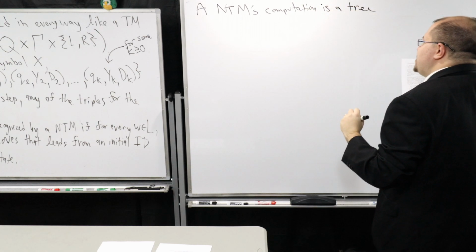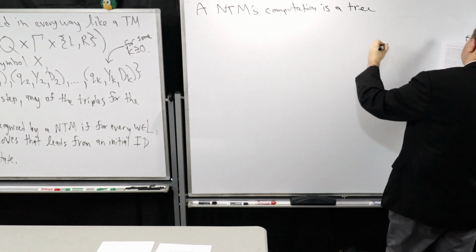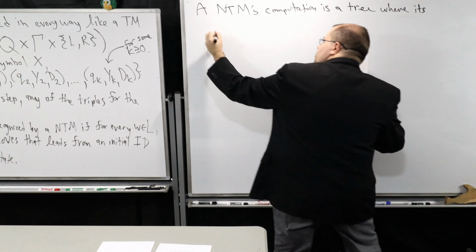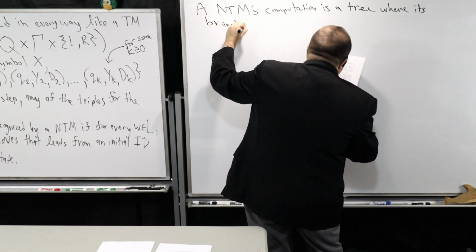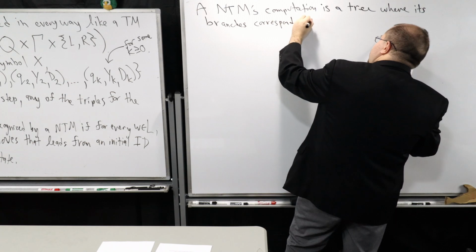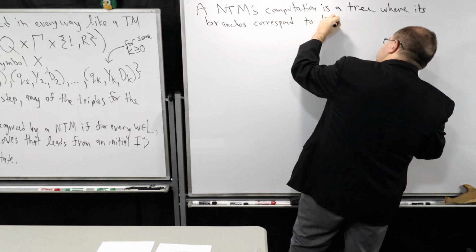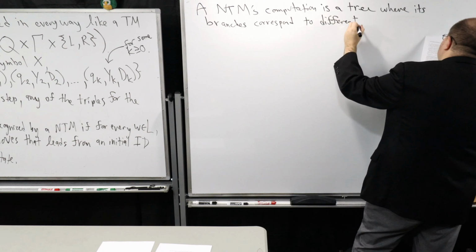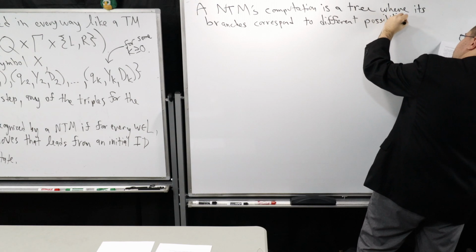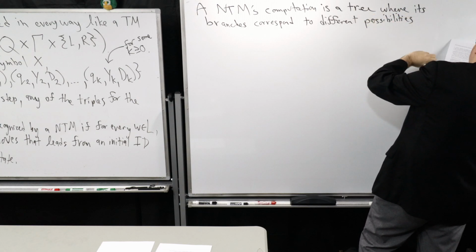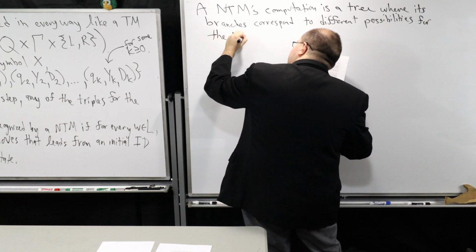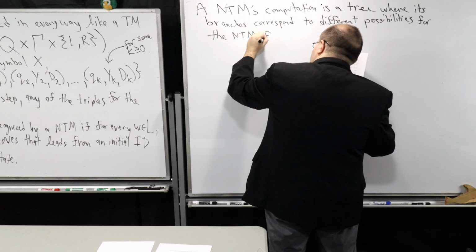So the non-deterministic Turing machine's computation is a tree where its branches correspond to different possibilities for the non-deterministic Turing machine for moves, just to be clear.